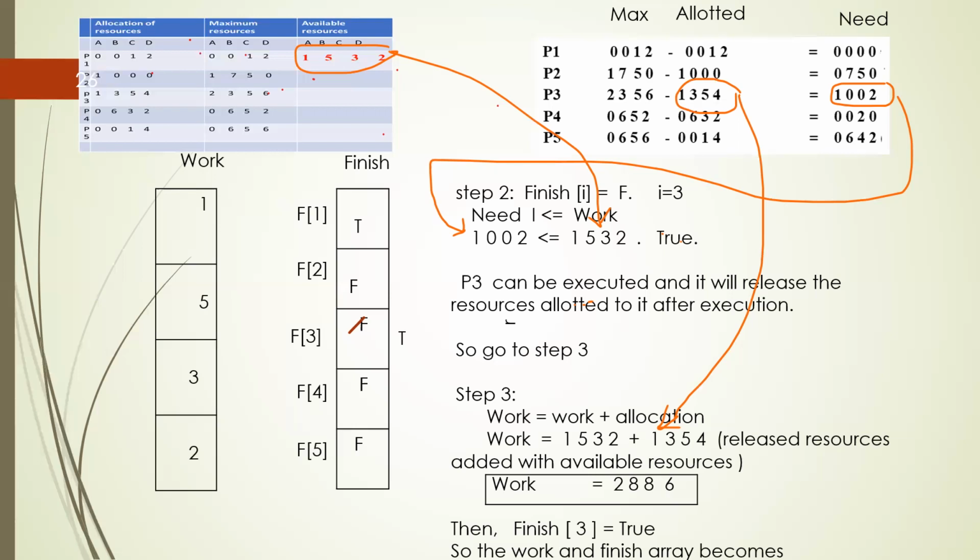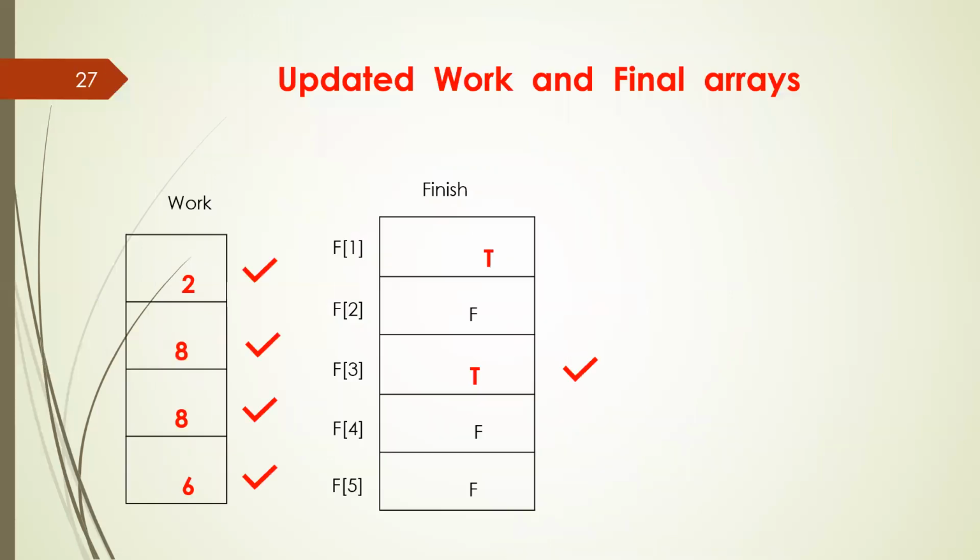That is, the work vector is updated and Finish[3] equal to true, as per the formula. So the updated work and finish arrays: the work array becomes 2886 and the finish array is true, false, true. Okay, these are the updated work and finish arrays.